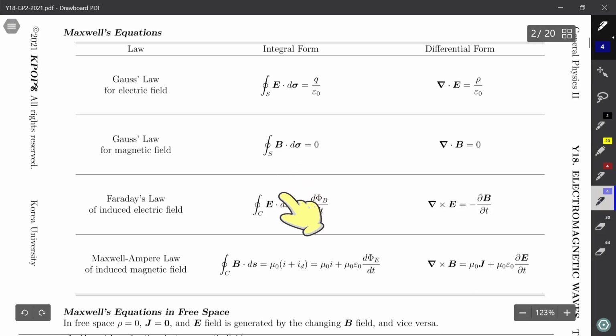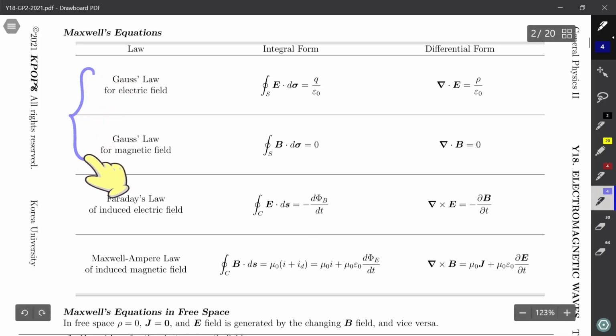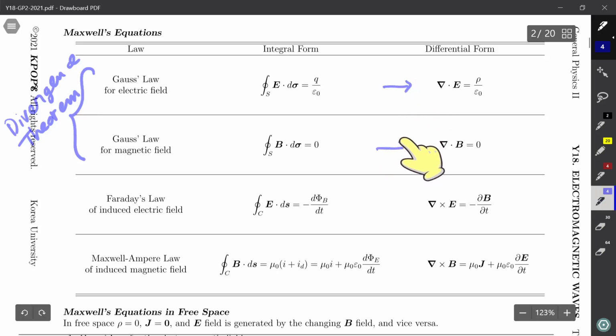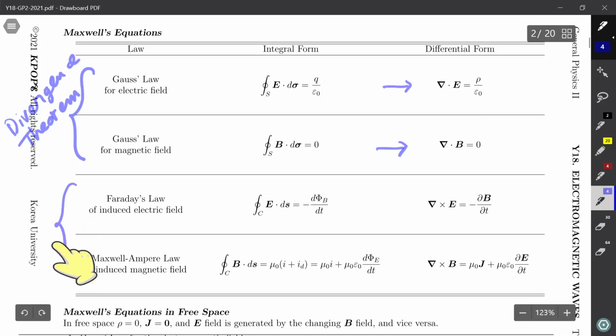We return to the four Maxwell's equations. There are two Gauss laws that depend on the divergence theorem to derive the differential form.